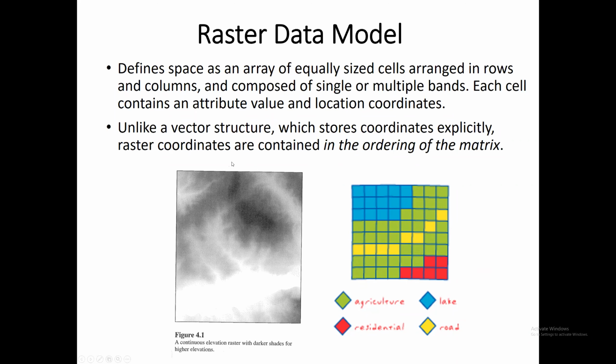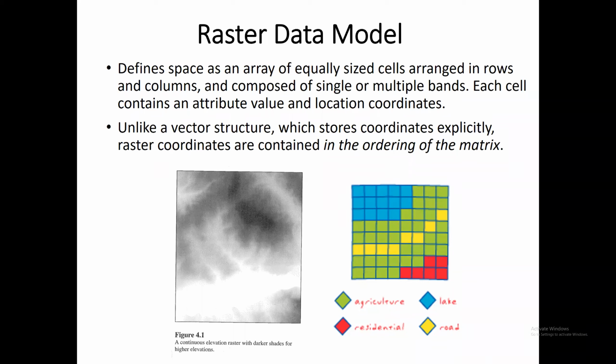Unlike vectors, which store the coordinates explicitly, the X coordinate and the Y coordinate of a point, the raster cells don't have an explicit XY coordinate written into them. That information is contained in the ordering of the matrix. I'll talk about that a little bit here. What you're seeing on the left, in grayscale, is a continuous elevation raster.